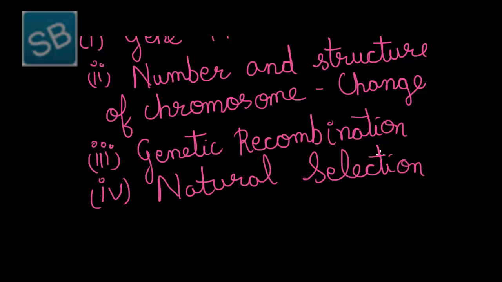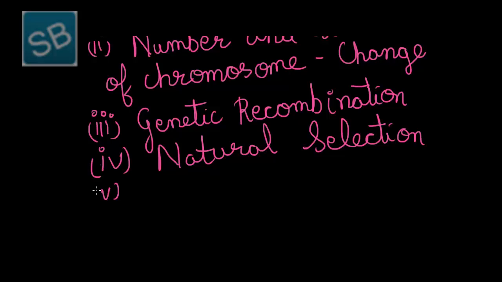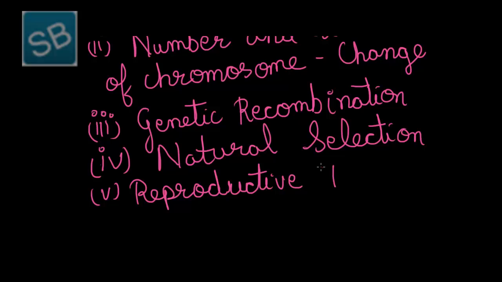And the fifth and final one is reproductive isolation. Thus, these five are the aspects of the principle to explain the modern concept of biological evolution.